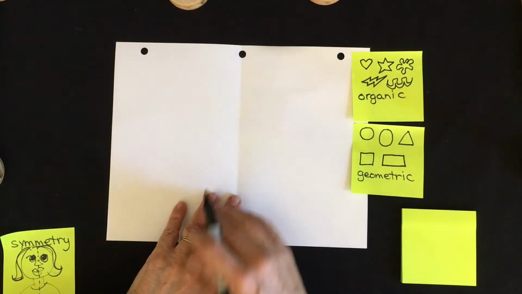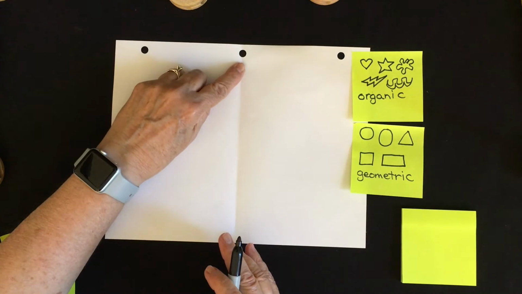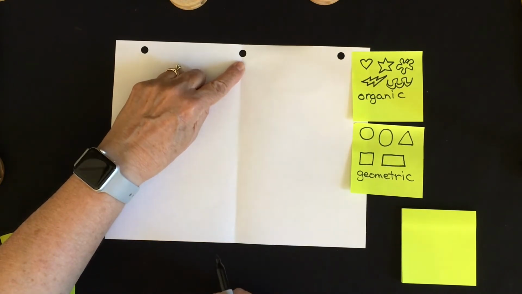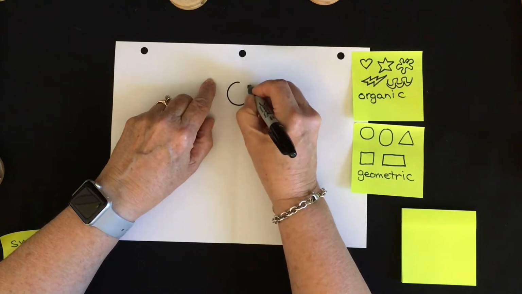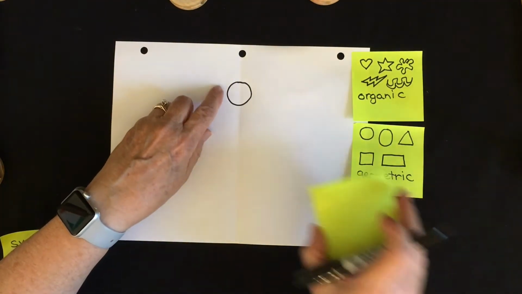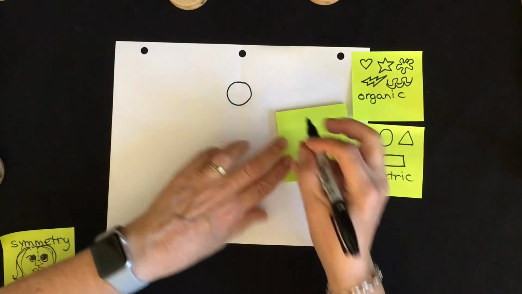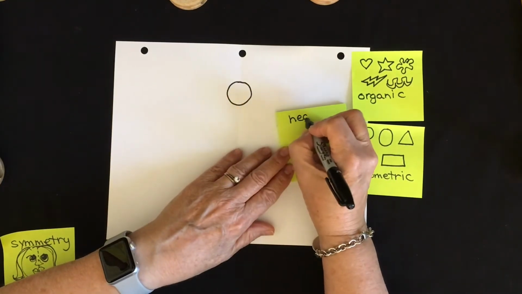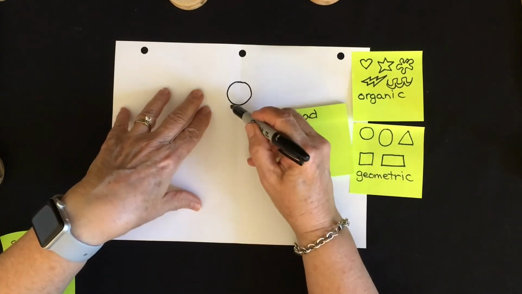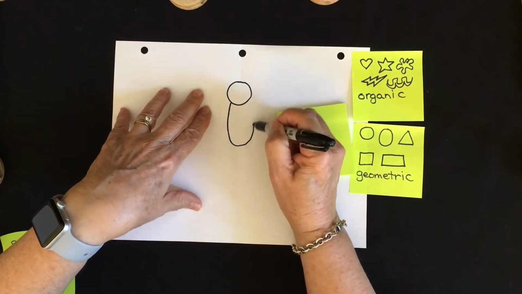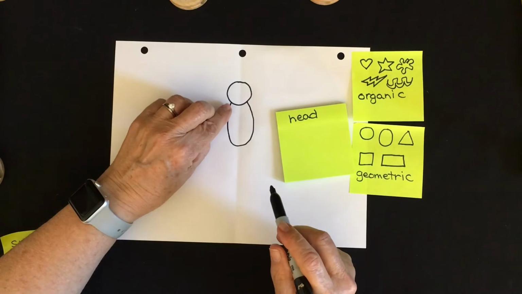I'll begin with the head, but do I want to put it way up here? Because then I'll have no room for the antennas. So I'll bring this down right about here. While we're here, I want to tell you what parts of the butterfly these are. What I just drew was the head. Next, I'm going to do the next part, which is an oval. Do you see how the head is slightly overlapping?